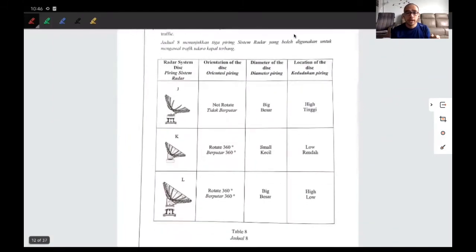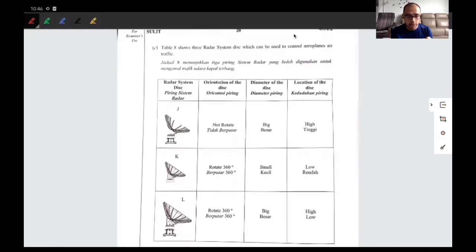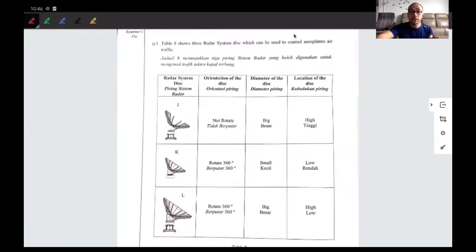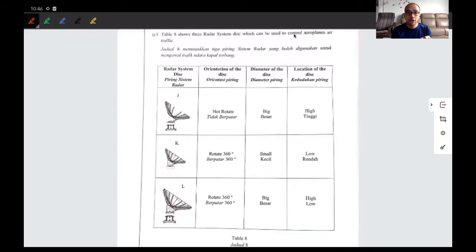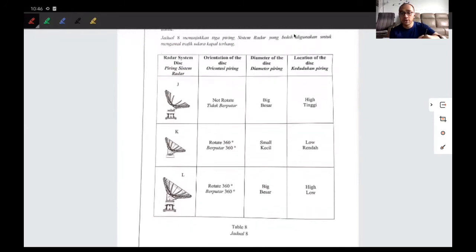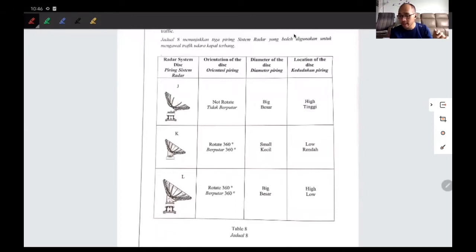Okay, so this table shows 3 radar system disks, which can be used to control aeroplanes in air traffic. So these are very common characteristics. This is a decision-making question. So you have 3 types of this, but you're only given 3 characteristics because this is not a Section C question. The first one is the orientation of this.